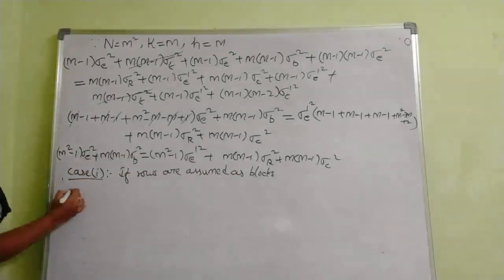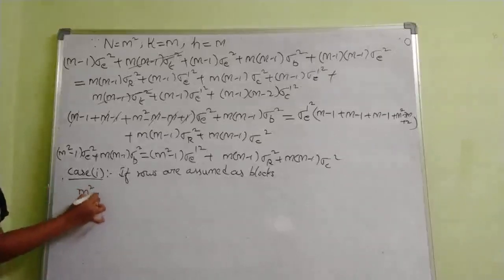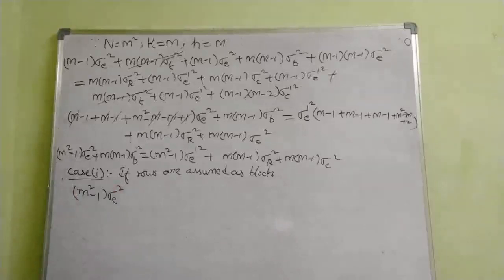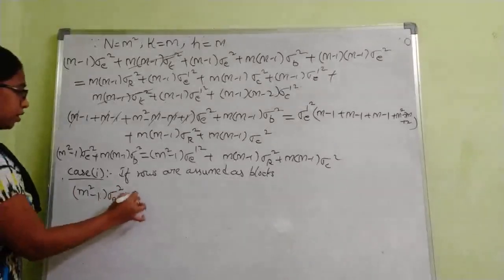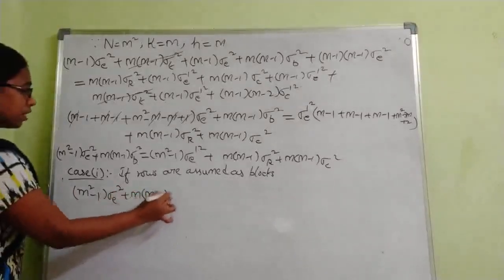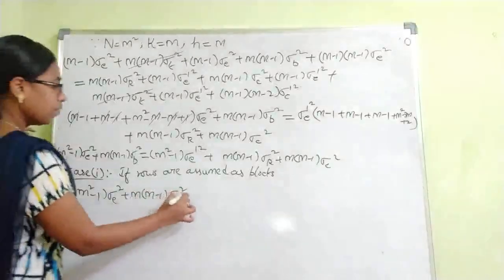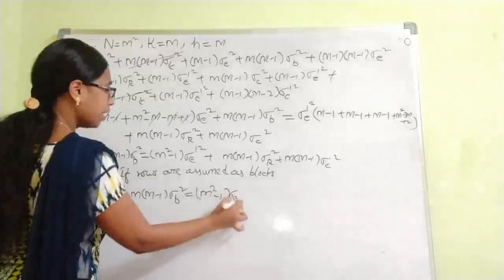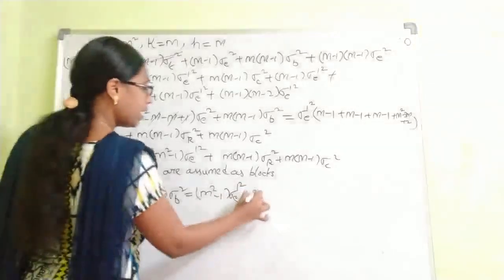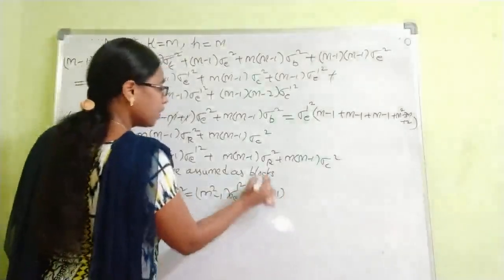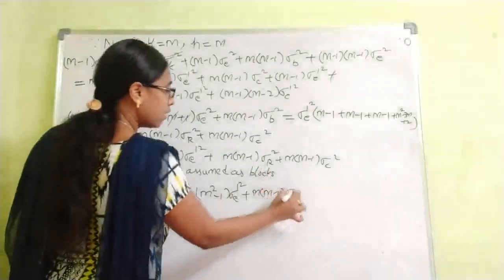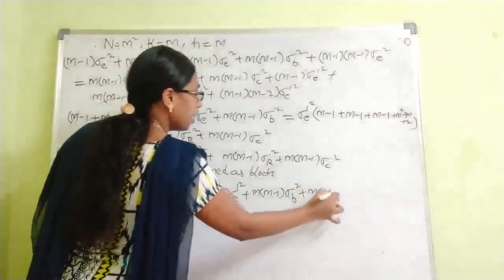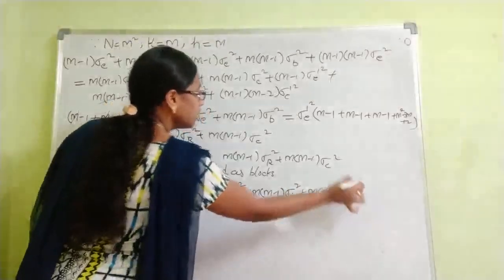So that will be equal to m square minus 1 sigma e square plus m into m minus 1 sigma b square, which is equal to m square minus 1 sigma e dash square plus m into m minus 1, here in place of sigma r square we write sigma b square, plus m into m minus 1 sigma c square.